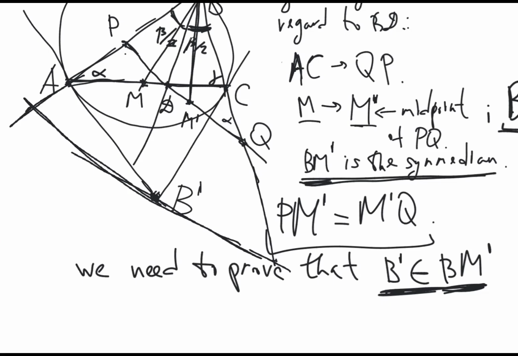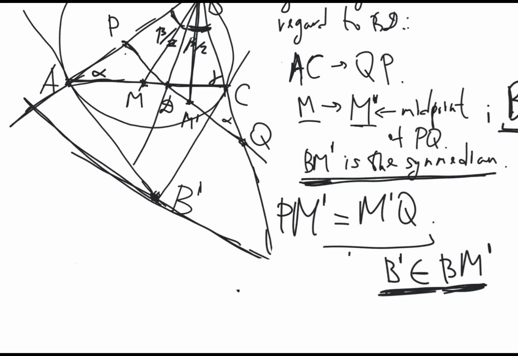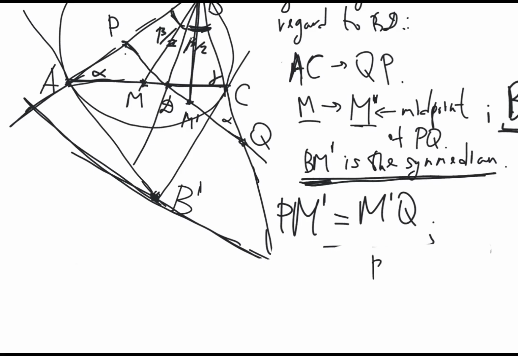I will remove what I wrote because I need this space. So I will write it here. We need to prove that B prime belongs to BM prime, and I put the question mark here. We don't yet know this, we need to prove it.